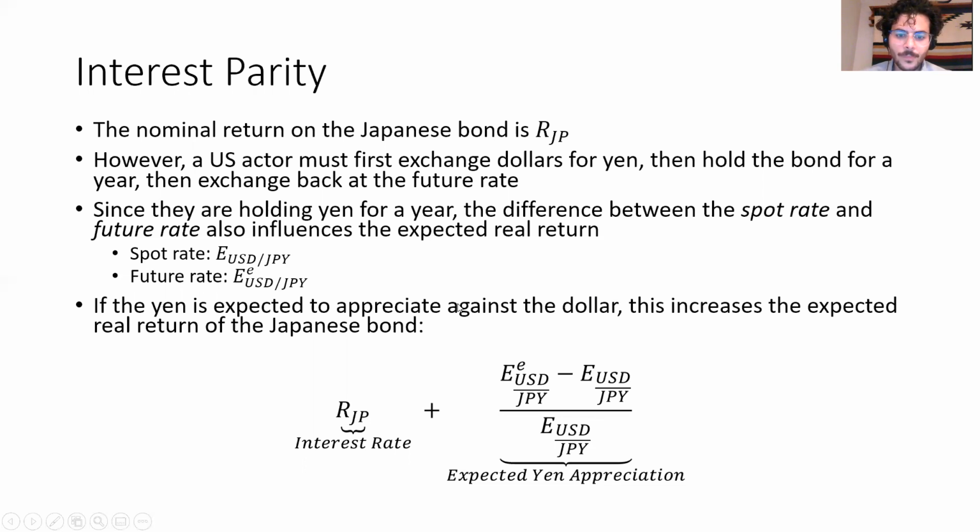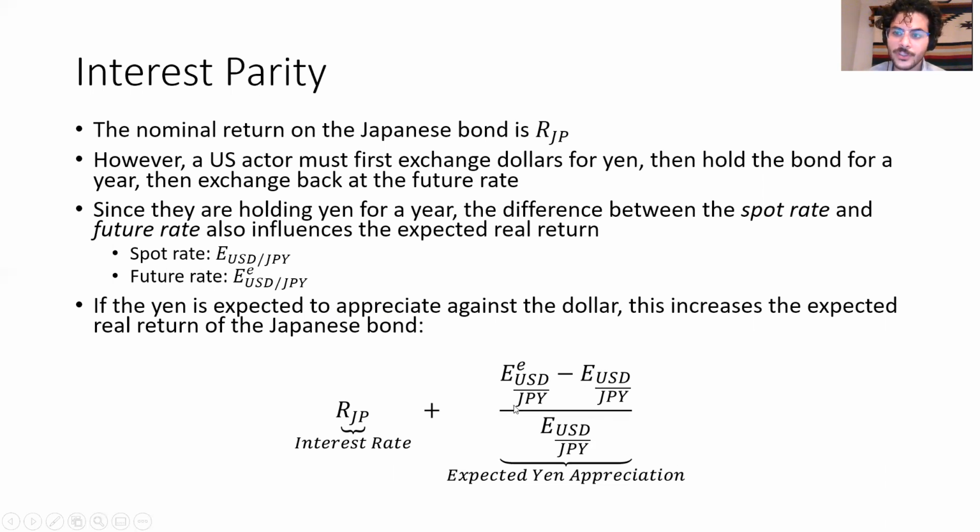So if the yen is expected to appreciate against the dollar, that's going to increase the expected real return of the Japanese bond. And if the yen is expected to depreciate against the US dollar, that's going to decrease the return. So if we're looking at the total expected real return of holding this Japanese bond, we have the nominal interest rate. So what we're paid in yen just for holding that bond for a year. But then we also have the expected appreciation of the yen.